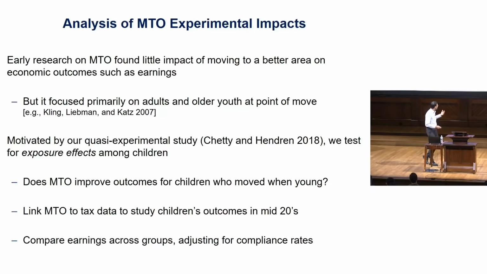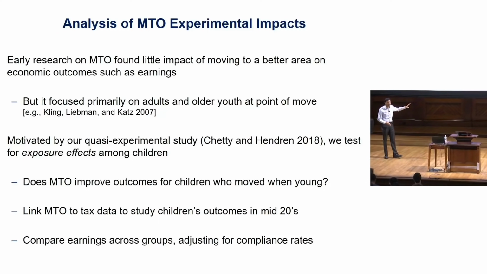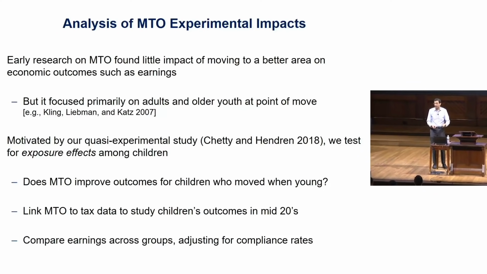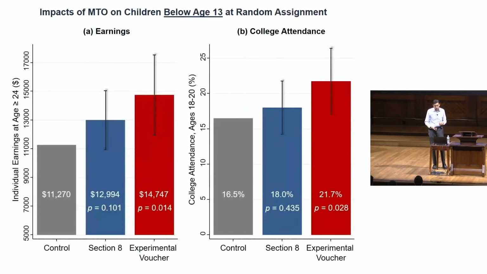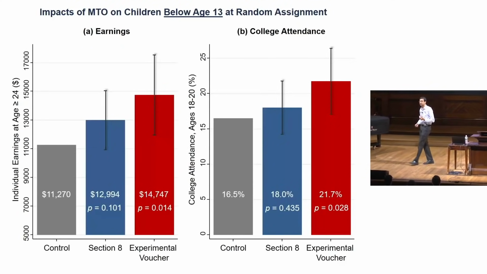And so what we're then able to do is just a standard experimental evaluation, comparing earnings across groups, adjusting for compliance rates, and importantly, doing that analysis by the age of the child at the point in which they were involved in the experiment.